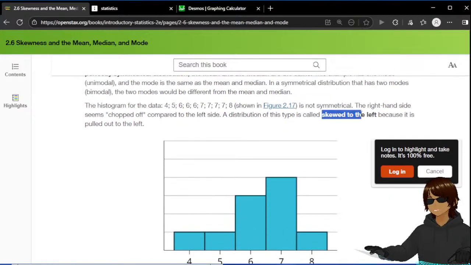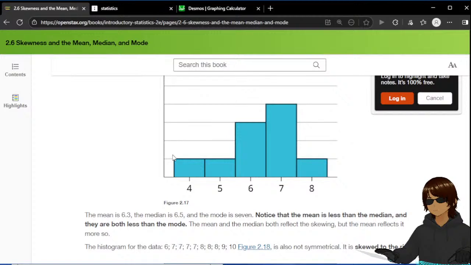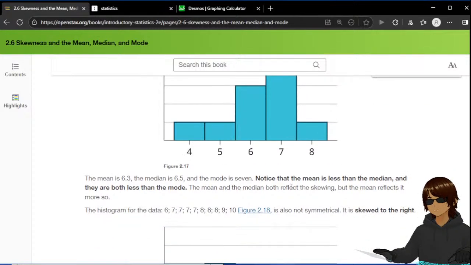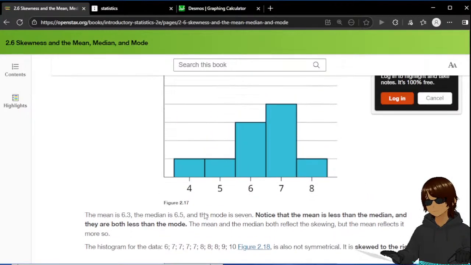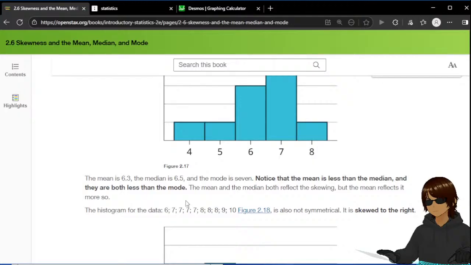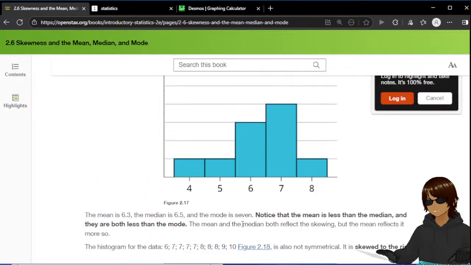Skewed to the left means the left side has less data. Notice that the mean is less than the median, and they are both less than the mode. The mean and the median both reflect the skewing, but the mean reflects it more so. The mean is 6.3, the median is 6.5.